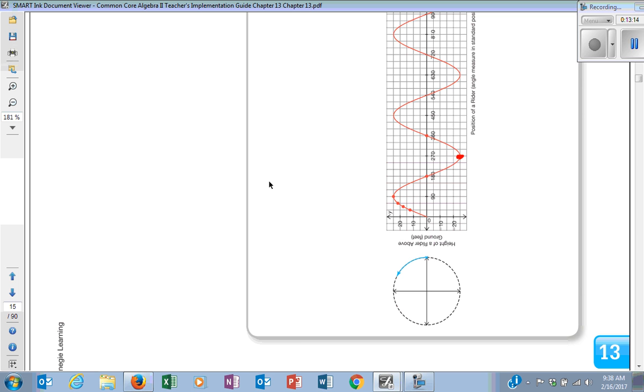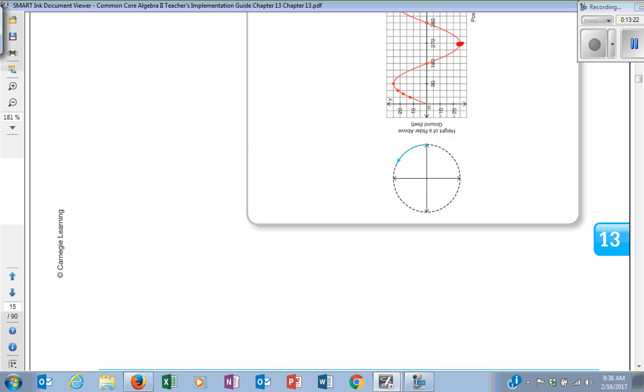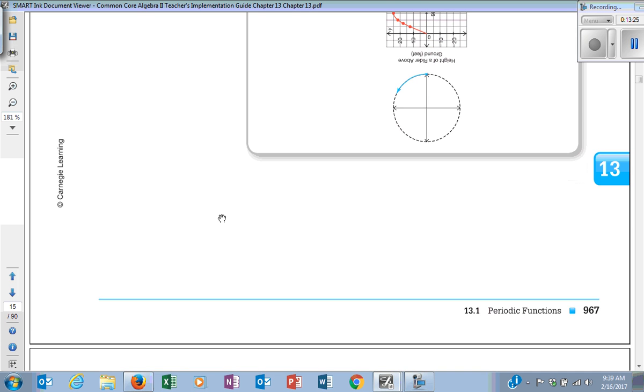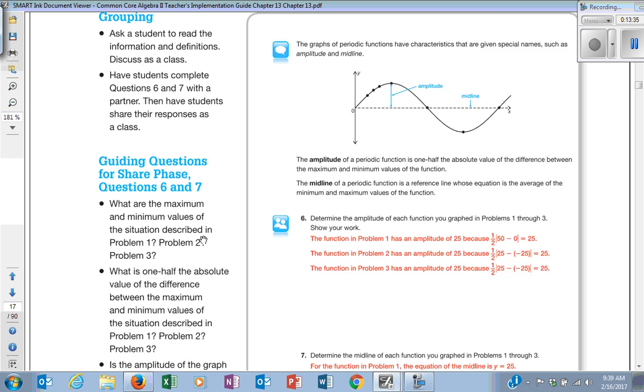So 270, they're at their lowest, and then 630, and you can see that's because this is a map of the Ferris wheel, the one that's underground. This would be my 0, my ground. This is 25. This is negative 25 for height. So that's where they're getting all those answers from.